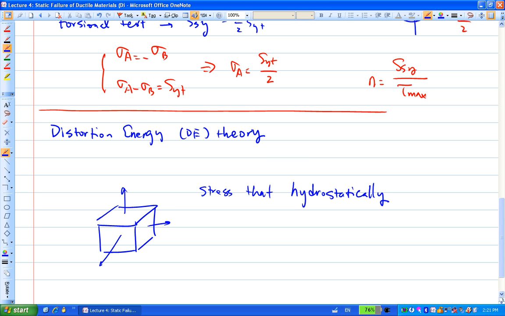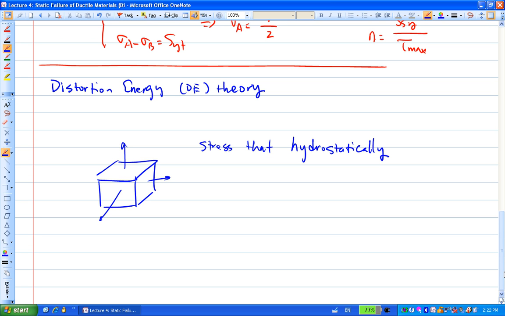For example, you have steel or aluminum, whatever material, you do a tensile test, and you have a yield strength of 200 megapascal. You subject the part hydrostatically, and it doesn't yield at 200 megapascal. It will probably yield at a much higher value. That's the phenomenon noticed with hydrostatic stress.